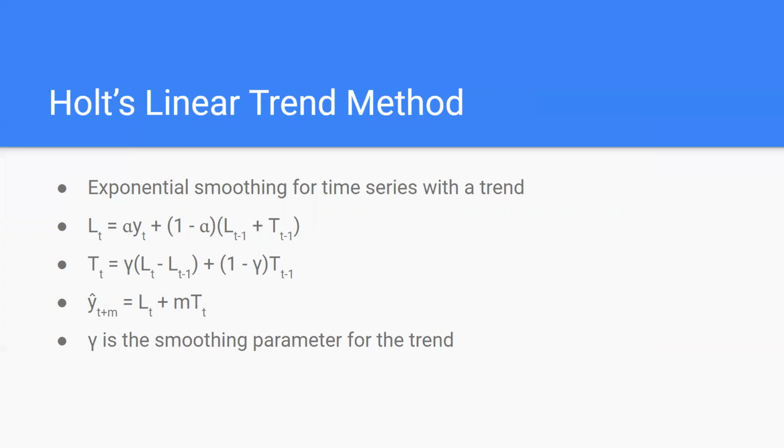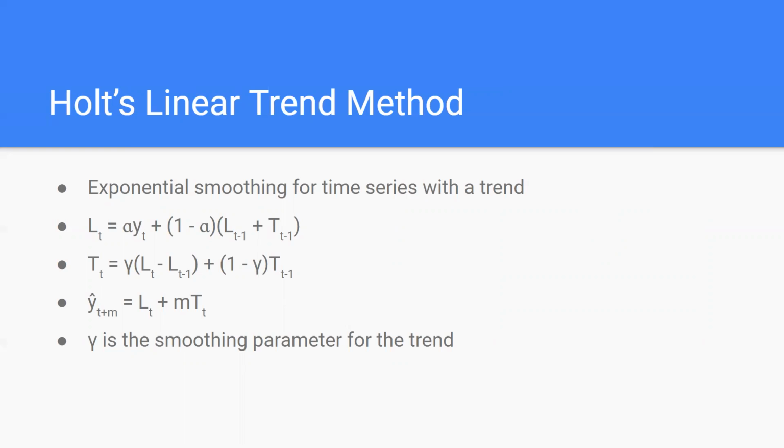This process can be written with the following 3 formulas, which we see here. In the first equation, L_t represents an estimate of the level of the time series at period t. The second equation uses capital T to denote an estimate of the trend of the series at time t. Gamma serves as the smoothing parameter for the trend.